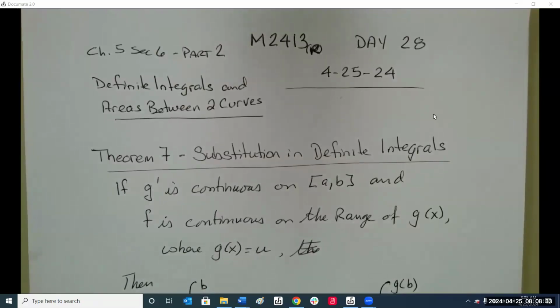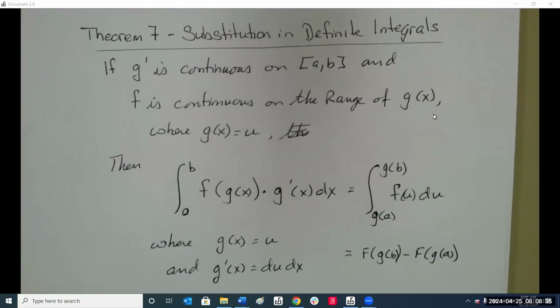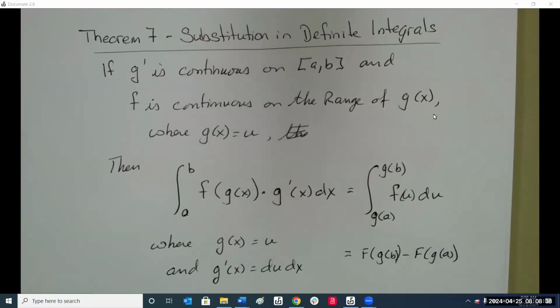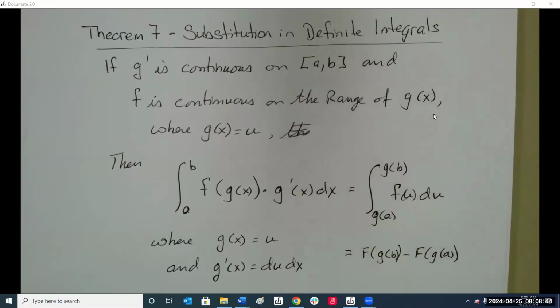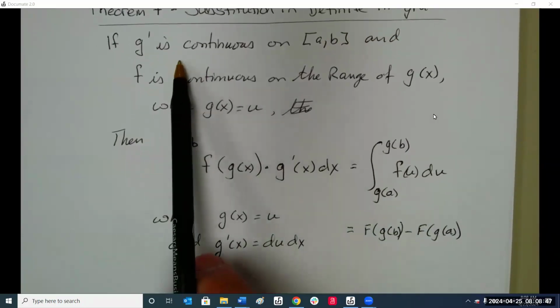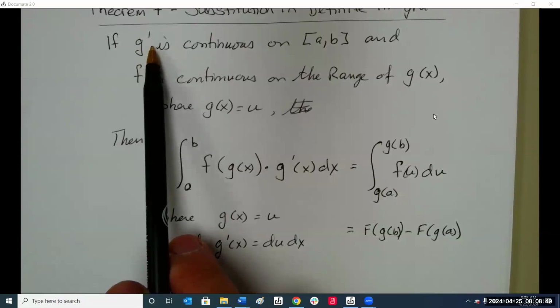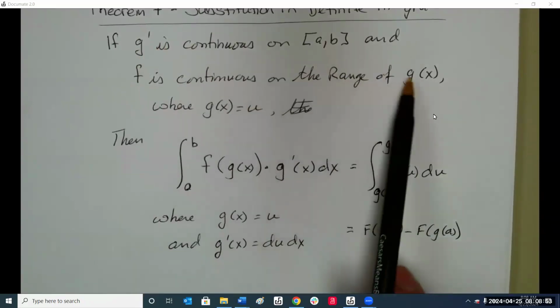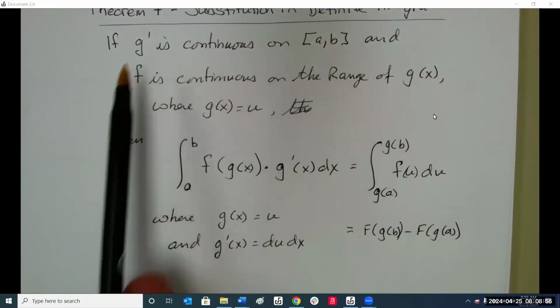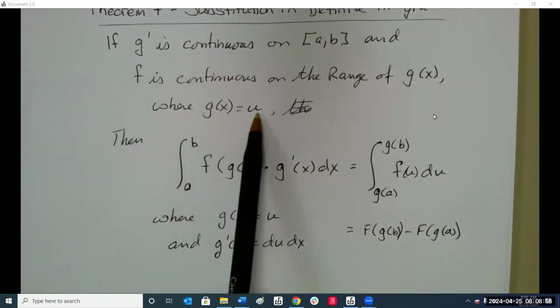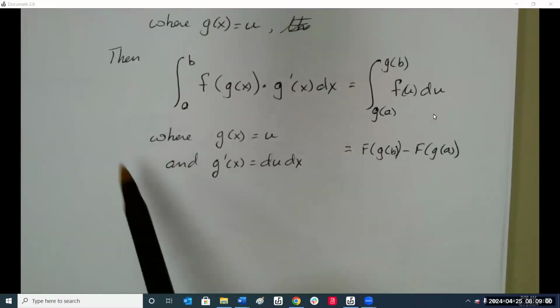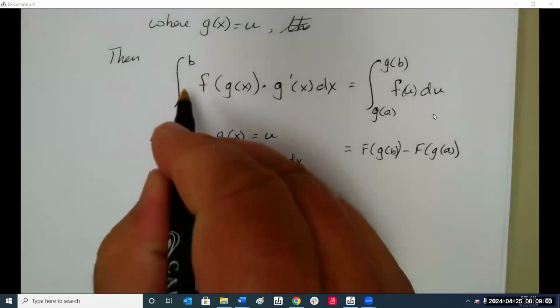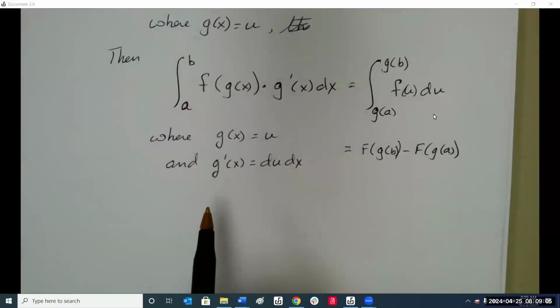That's pretty cool though. So the first theorem we dealt with in this section is theorem 7, which is the one we'll be using all along. Substitution in definite integrals. If g prime of x is continuous on a closed interval, and f is continuous on the range of g of x, where g of x equals u, then we have this conversion. We have our bound from a to b.